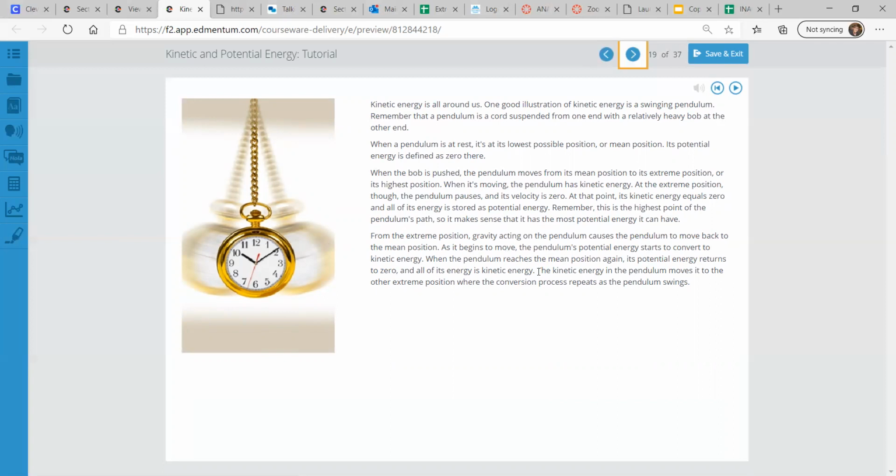From the highest position, gravity acting on the pendulum causes it to move back to the 0 position. As it begins to move, the potential energy of the pendulum starts to convert to kinetic energy. So all of the energy converts to one another at some point along the pendulum path.